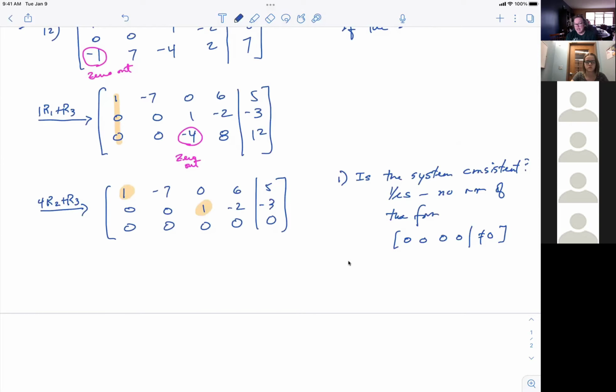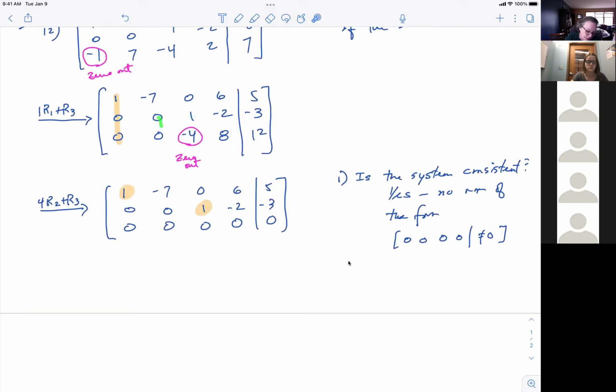And if you couldn't have one in a particular row, then that would mean that row's all zeros, at least in the coefficient part, because you couldn't find a leading entry. So you just basically want to go down to the next row, move over, not a non-zero there, so keep going.